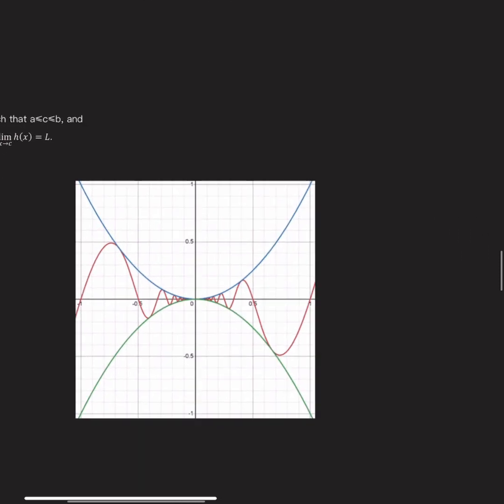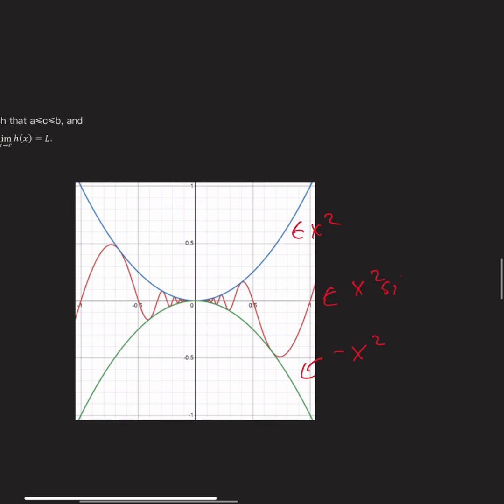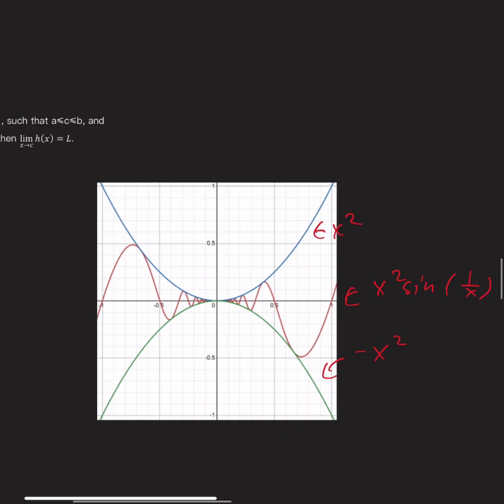Here we have a graph. This graph here is x squared. This graph here is negative x squared. And this graph here is x squared sine of 1 over x. We see that x squared sine of 1 over x is always in between x squared and negative x squared.